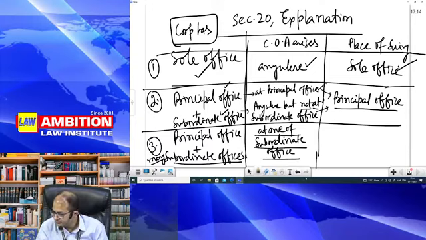Section 16 says the suit shall be instituted in the court within whose local limits of jurisdiction the property is situate. So it is not for money exactly. Recovery suits are not in section 16. Section 16 is basically for immovable property, Divyanshu.